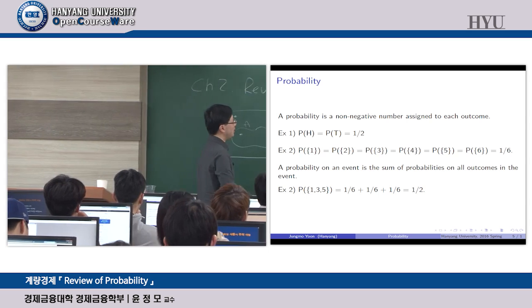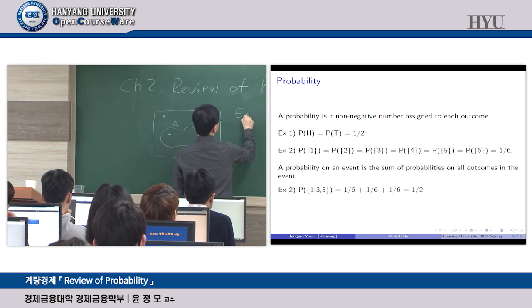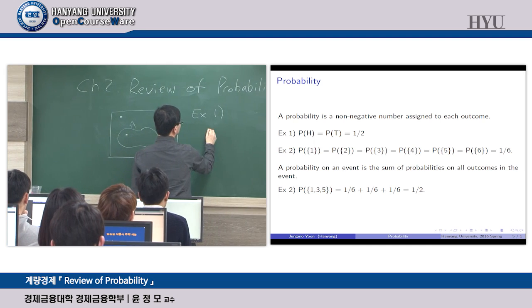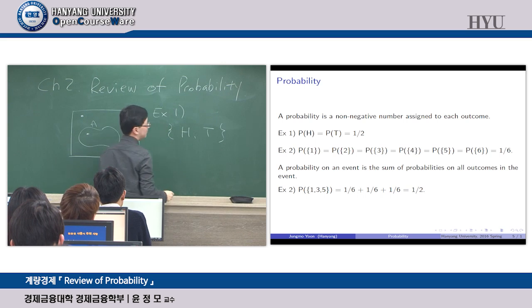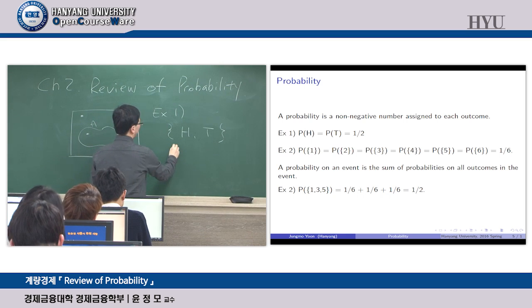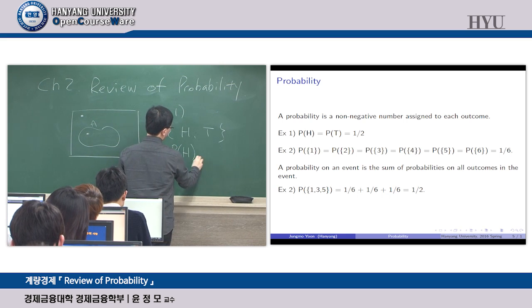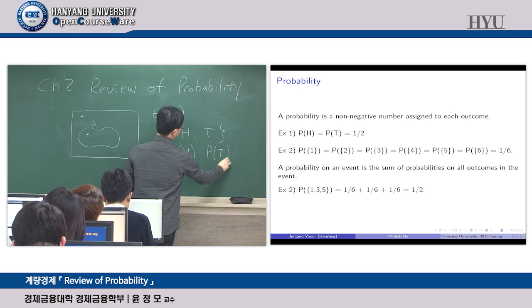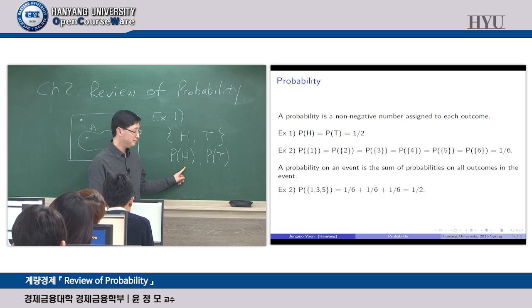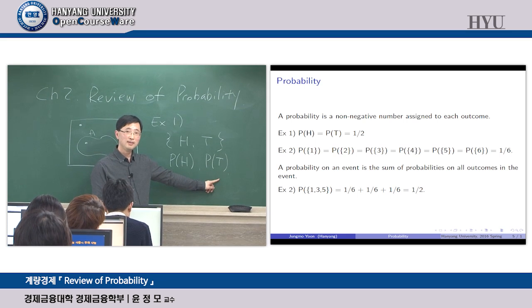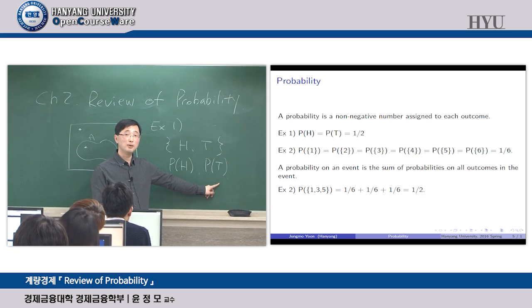So let's go back to example 1. In the sample space, we have H and T as two potential outcomes. So the probability is just a number assigned to each outcome. You want to assign a non-negative number to each, and the sum of the two numbers must be equal to 1.